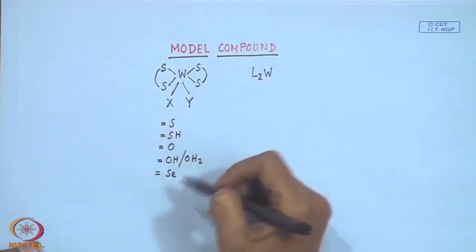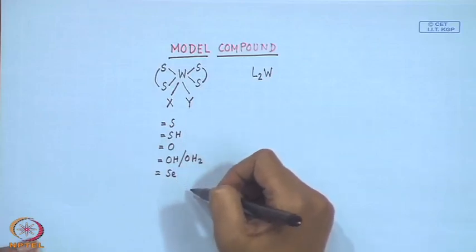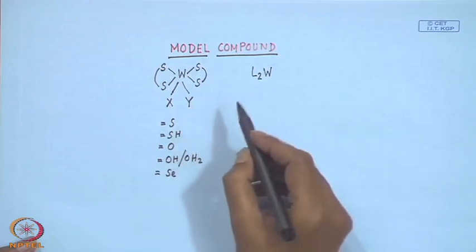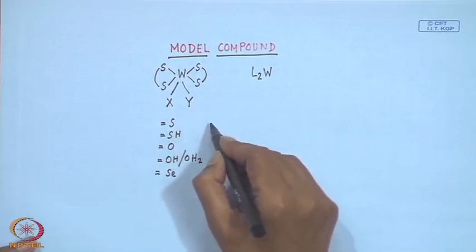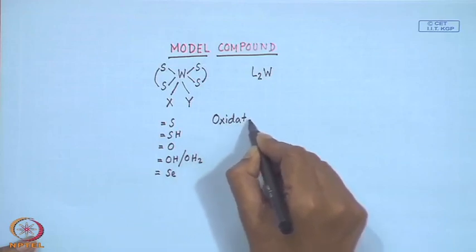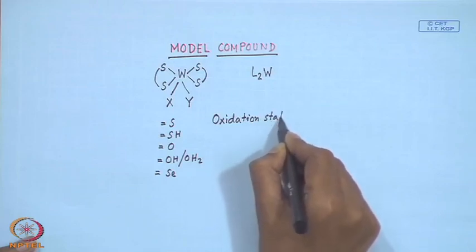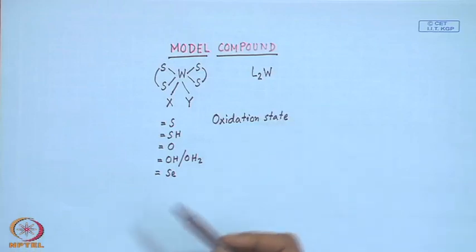So all these choices are there, depending upon the other part which is going to attach on the tungsten, as well as the corresponding oxidation state, which is also important, that which particular state is basically involved for the catalytic function.